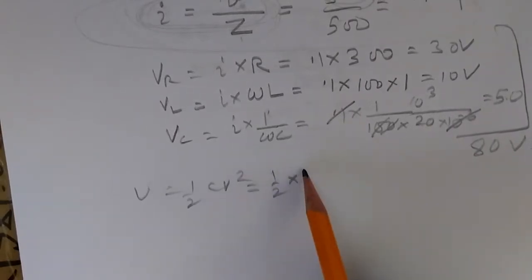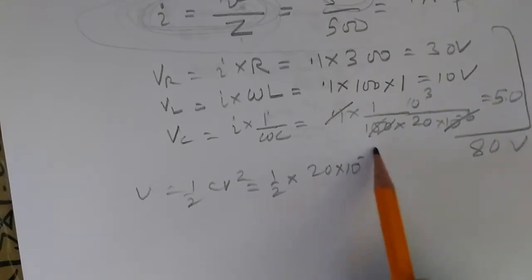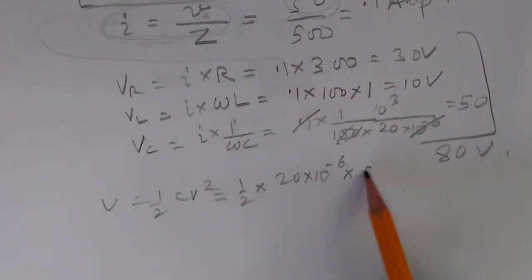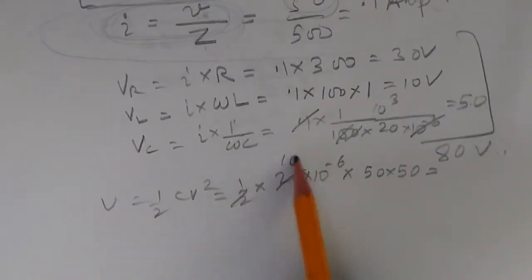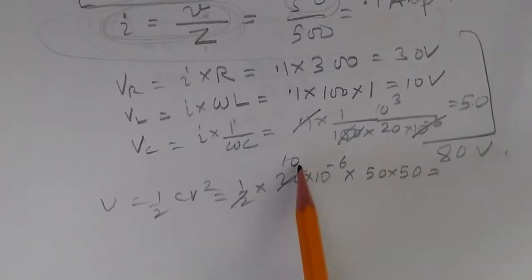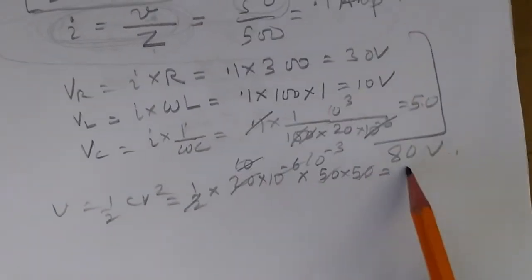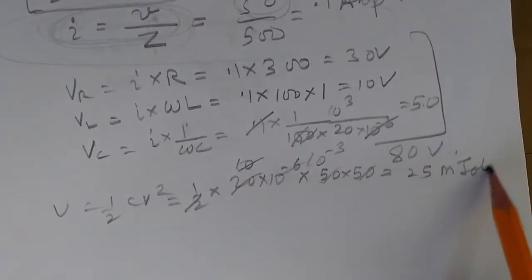C is given as 20 microfarad, 10 to the power minus 6, and V is given as 50. So 50 into 50, and the 2 cancels. So this becomes 10 to the power minus 3 times 25, so 10 to the power minus 3 becomes millijoule, and the answer is 25 millijoule.